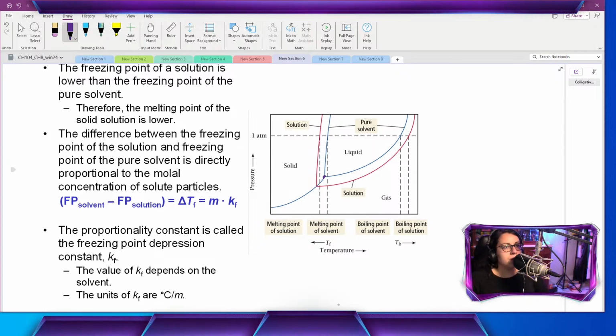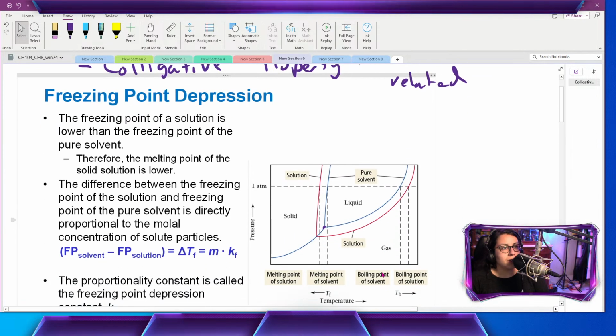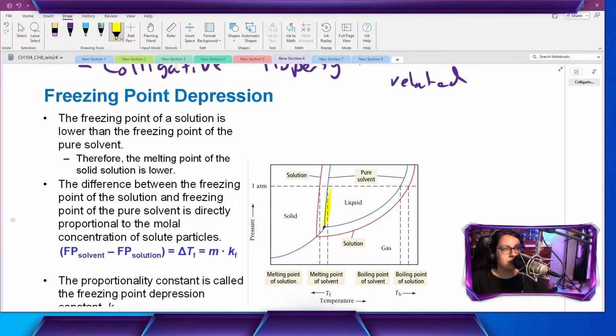But now let's focus in on what we care about. So freezing point depression. That's going to correspond to this line right here. So this line corresponds to melting and freezing. And we can see that because it's the boundary of our solid and liquid.